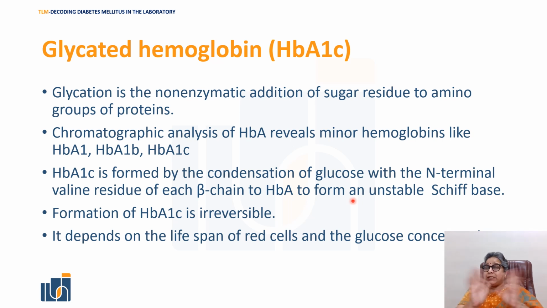Because it's an irreversible bond and the lifespan of the RBC is limited, it gives a very good guideline. This is one of the most important tests to diagnose diabetes, and in fact, it is the test today to diagnose diabetes mellitus.